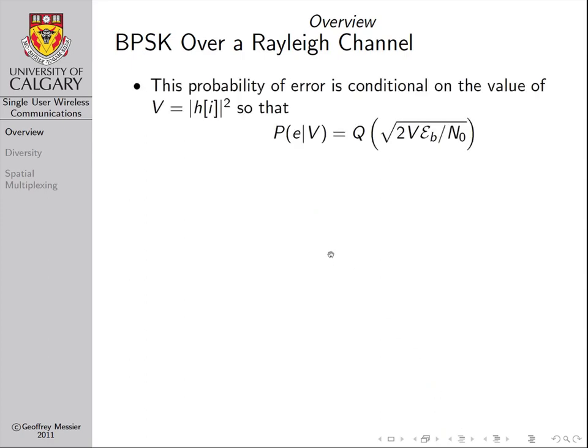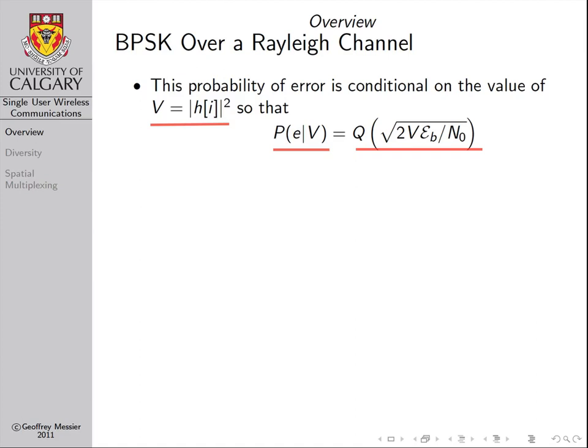So, letting v represent the magnitude squared of the channel, we can express the probability of error conditional on a particular channel value v as Q of the square root of 2v EB divided by N naught. And so this is a conditional probability of error expression.